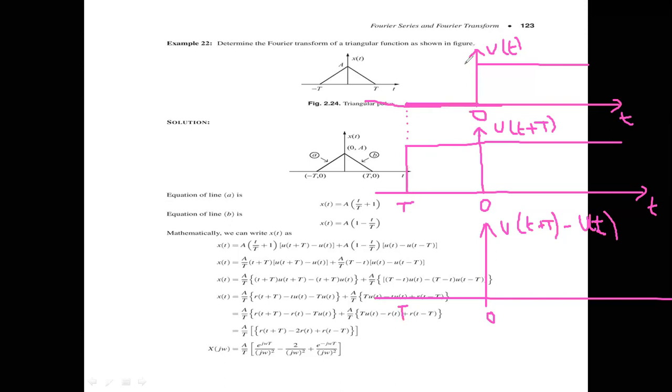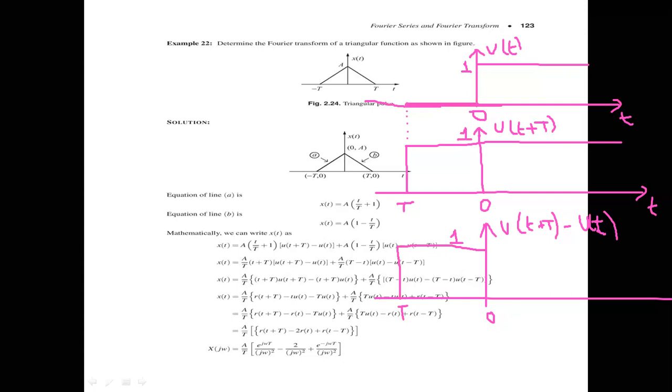But here the magnitude is 1, and here the magnitude is also 1. Okay, mu of t plus T, the value is 1 from minus T to 0, minus 0. Minus 0 means up to minus T to 0 the value is 1. We are subtracting these two, mu of t plus T minus mu of t. Here the 0 and this 1, 1 minus 0, 1 only.